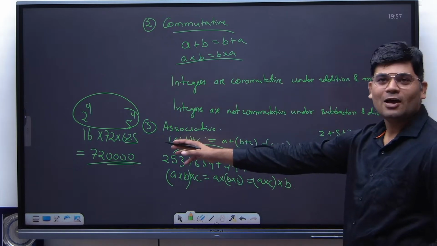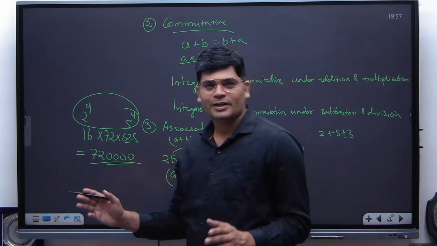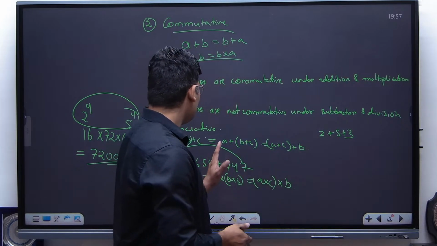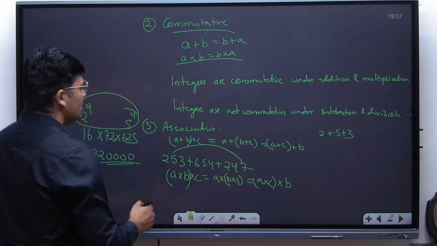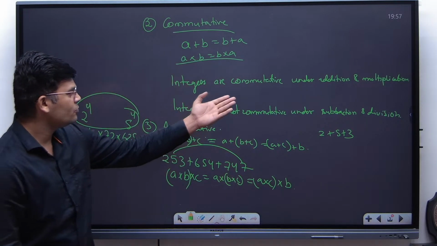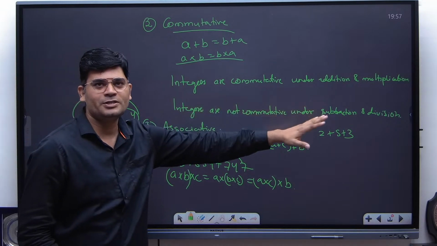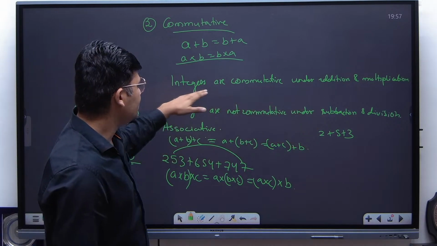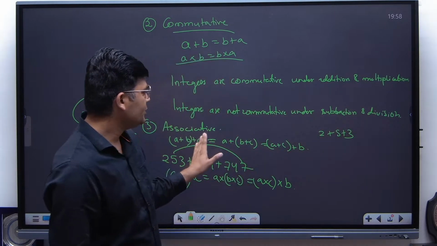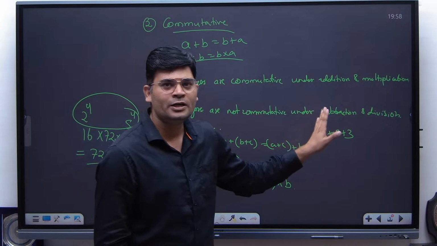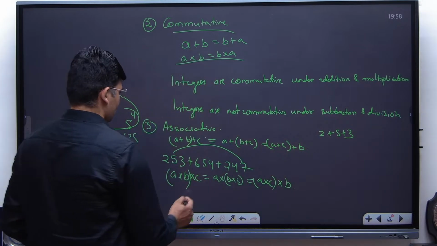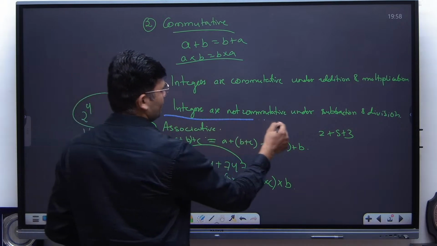Okay, you understood now how we can multiply three numbers in a very quick way? Okay. So now you know the associative property as well. We will say that integers are associative under addition and multiplication. Write down: integers are associative under addition and multiplication, and integers are not associative under subtraction and division. Please write these two statements again.